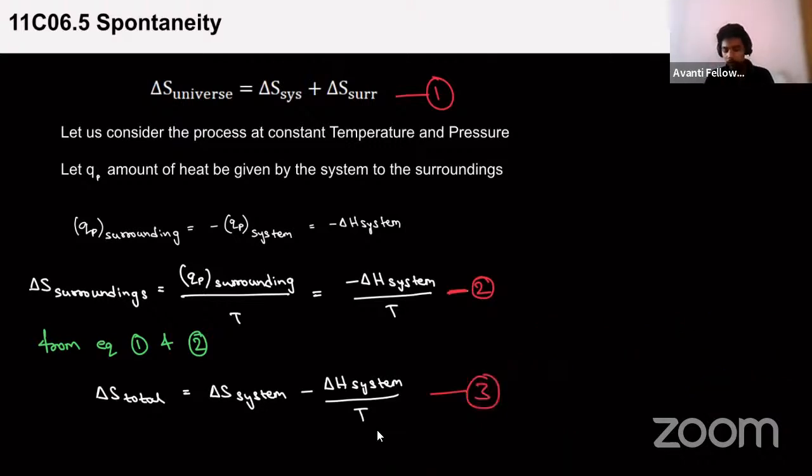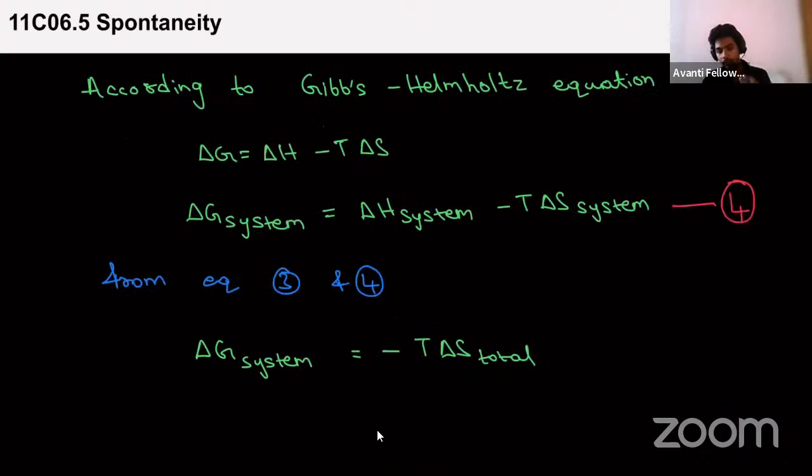Now, what is the second law of thermodynamics saying? That the entropy of the universe is always increasing, right? You know that. So if we substitute all these values according to the Gibbs-Helmholtz equation, delta G is equal to delta H minus T delta S, and by using our third equation in the delta G system equation, what will we be getting?